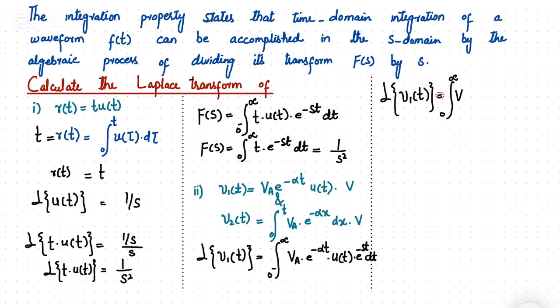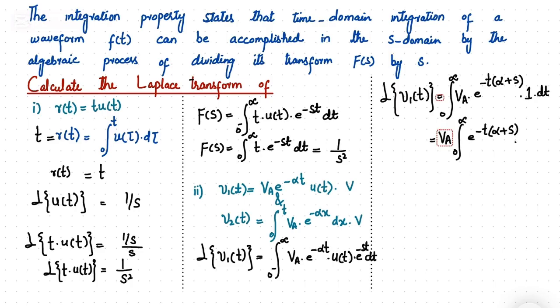So va is constant, it can be taken out of the integration. e raised to power minus t can be taken common, so this is going to be alpha plus s. u of t is replaced by 1 into dt. So va taken out of the integration, and the rest of the thing is the integration of e raised to power minus t into alpha plus s.